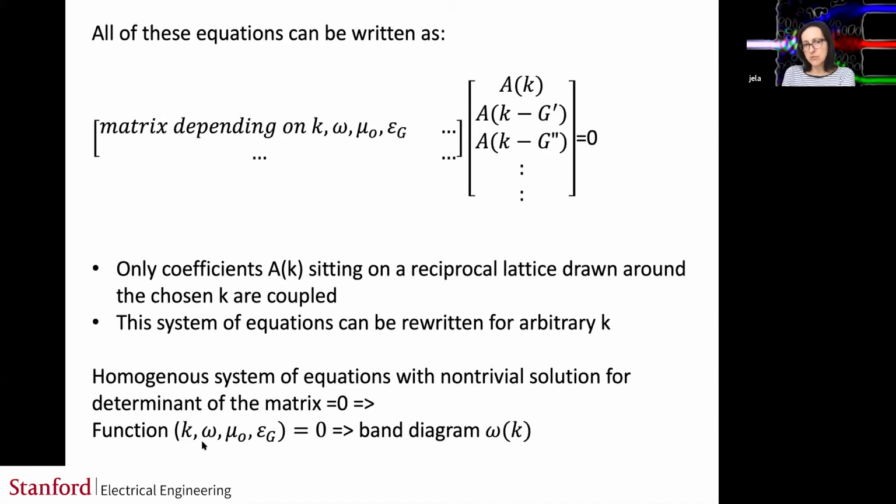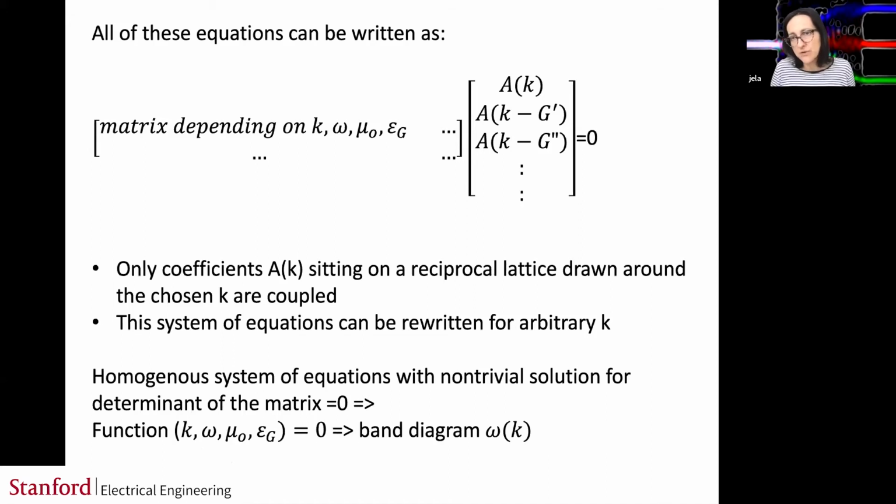We have omega, which is whatever frequency we picked, but we can also change it. And we have epsilon G, which are the Fourier coefficients for our periodic structure. So calculating the determinant for a non-trivial solution of the field would give you basically a function which gives you relations between omega and k for a given structure where you have a non-trivial solution for the field.